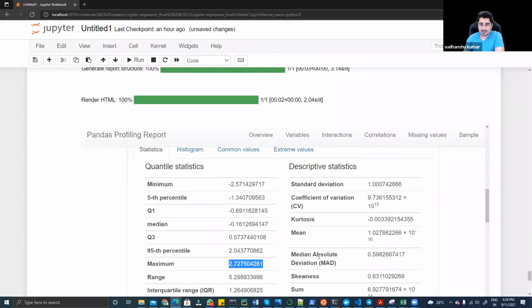So this range is very, very close. Data dispersion is very, very close. And can I say my standard deviation is equal to 1 now? Yes, my standard deviation is equal to 1. And if I talk about my mean, can I say that it's close to 0? It's 10 to the power minus 16, right? So 10 to the power minus 16 means it's 0.